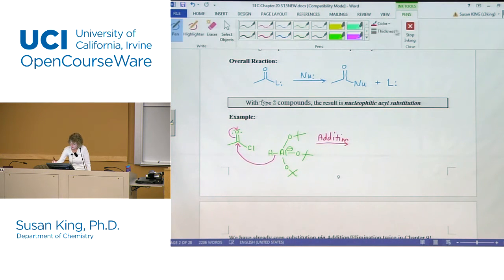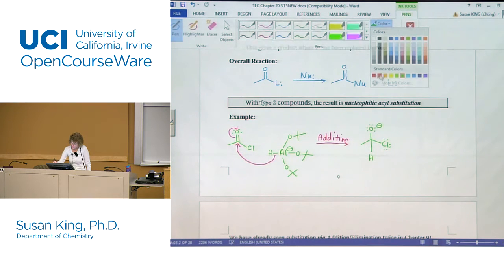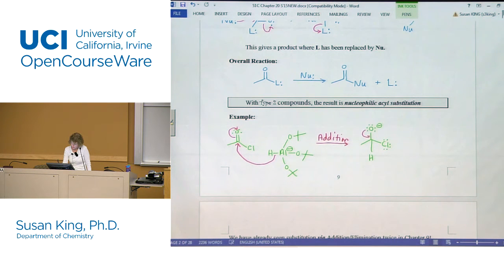And then let's draw the addition product. And then as you can see, we've got chloride ion, a possible leaving group, and that's exactly what's going to happen. So we have the negatively charged oxygen. We've got the chlorine here. We've got the hydrogen. Our leaving group is not going to be hydride. Our leaving group is going to be chloride. And so the electrons on oxygen are going to come down and kick off the leaving group chloride ion.